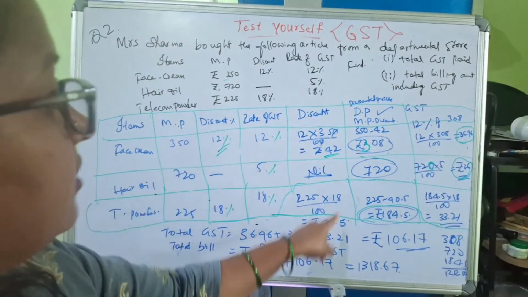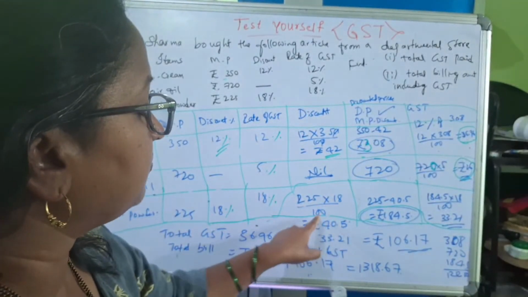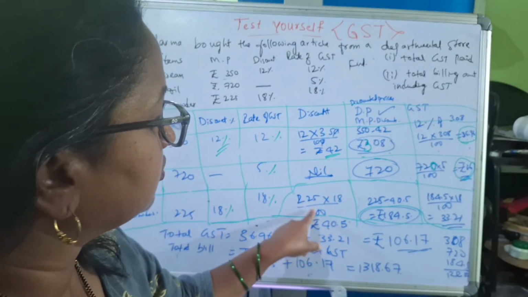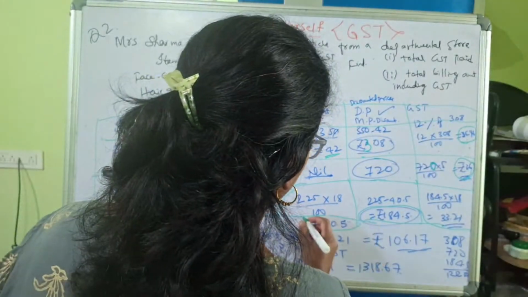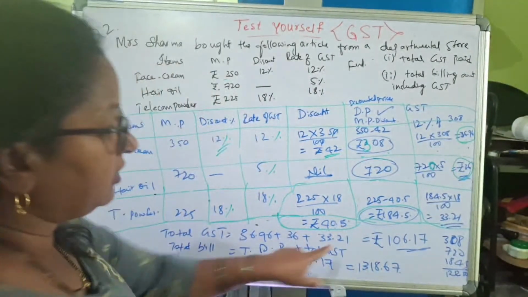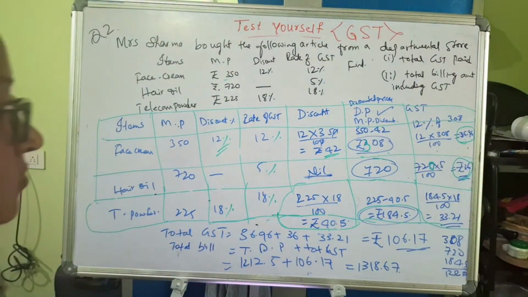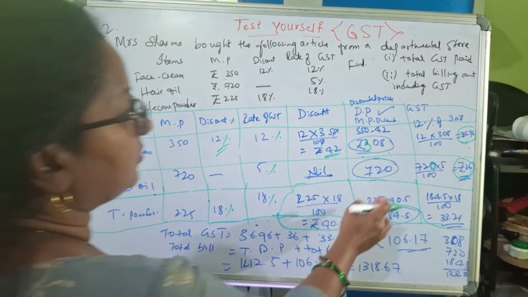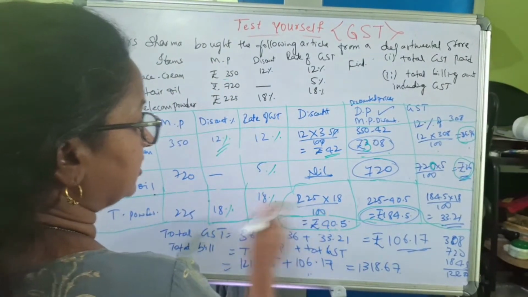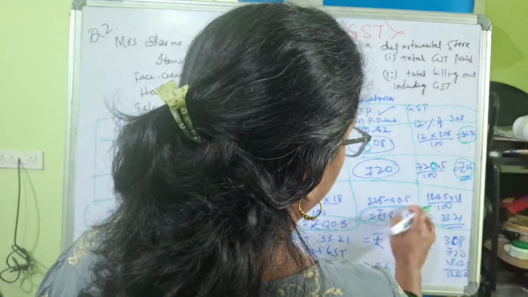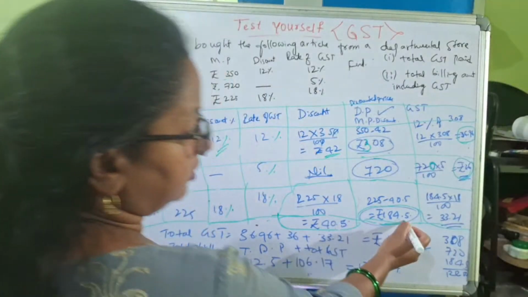First we have to calculate the discount amount, that is 18% of 225, which is 225 into 18 divided by 100, which is equal to 40.5 is the discount. So to get the discounted price, we have to subtract it from the market price. That means 225 minus 40.5 is equal to rupees 184.5 is the discounted price.